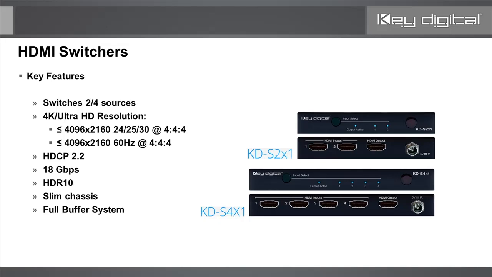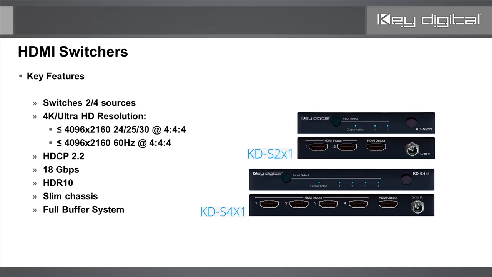From the professional switchers to the small, slim chassis KDS 2x1 and KDS 4x1. These are low profile units at an extremely low price point that would enable you to use a professional product in a project that perhaps doesn't have a professional budget available, or perhaps just does not have available space for mounting the professional switcher, or perhaps does not need the full assortment of connectivity options that the professional switcher offers.